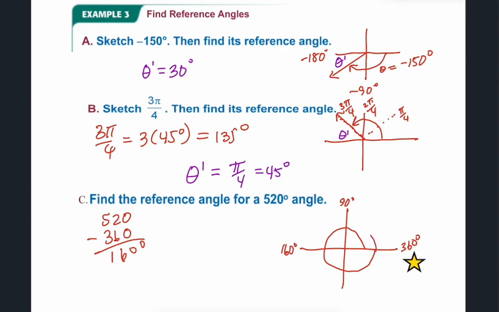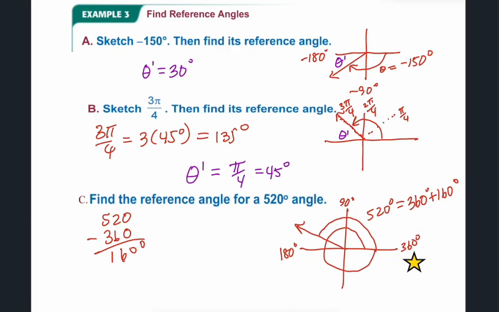I have 160 degrees left to go. So I'm going to land about right there, okay? So that's going 520. It's really going a loop of 360 plus 160 more. So 160 is our key.